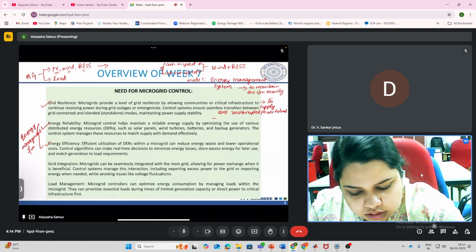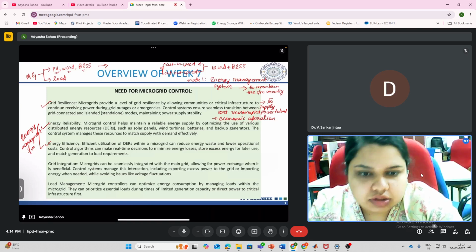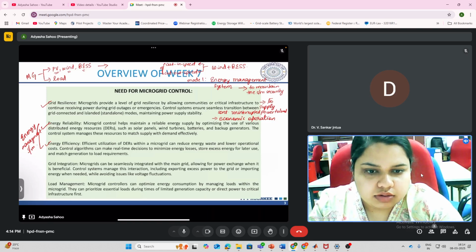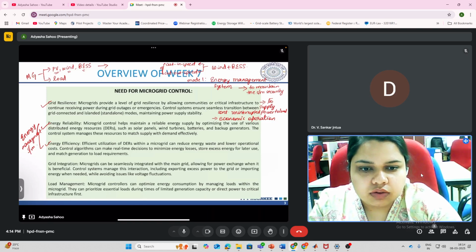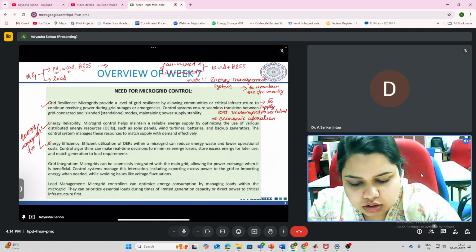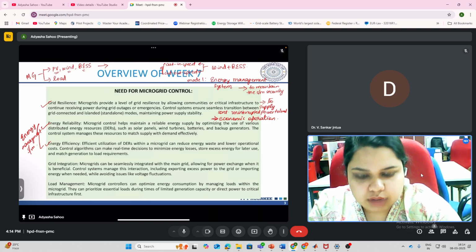And thirdly, it also tries to ensure the economic operation of the microgrid. What do we mean by economic operation? Let's say you have multiple resources with you. You decide the dispatch schedules of the multiple resources in such a way that the overall cost of energy is the lowest. That is also done within the energy management system.